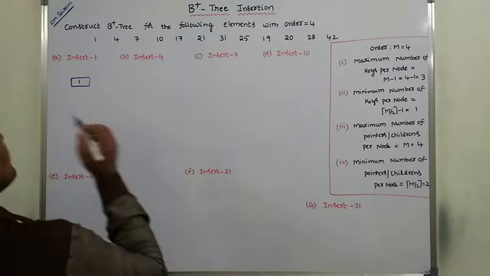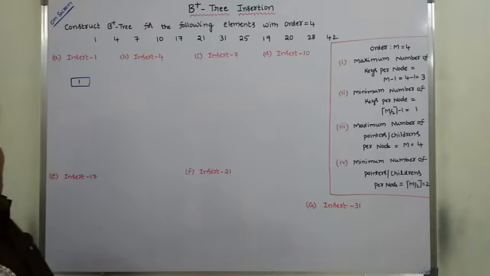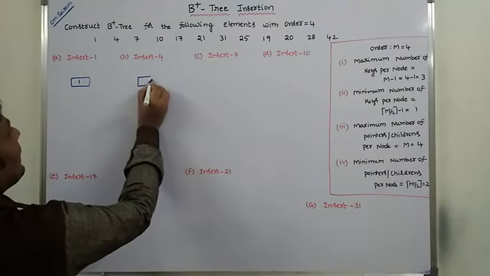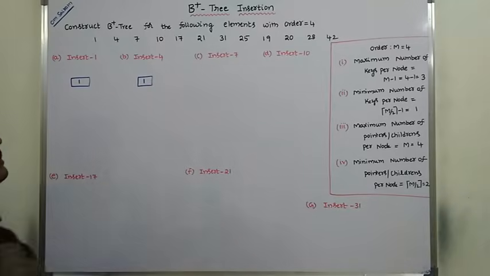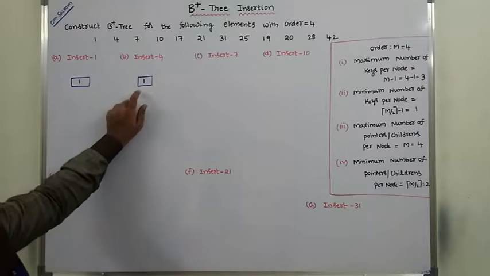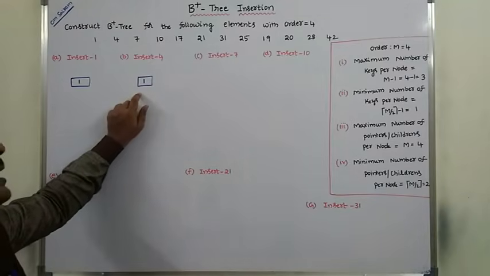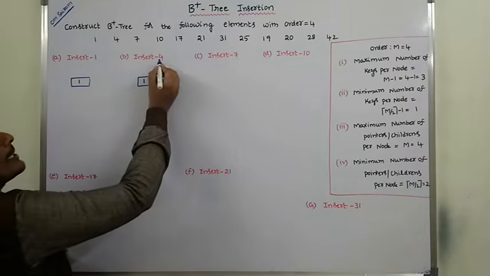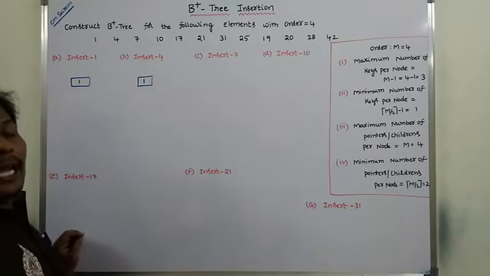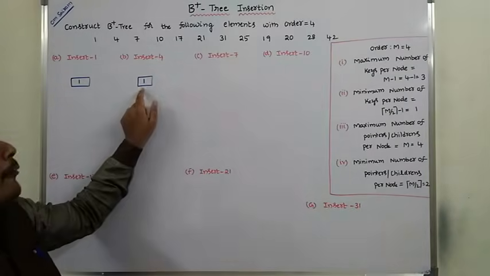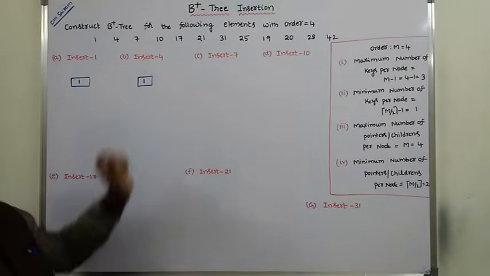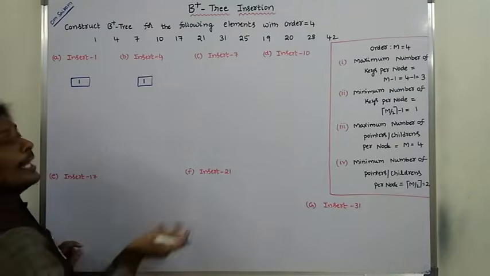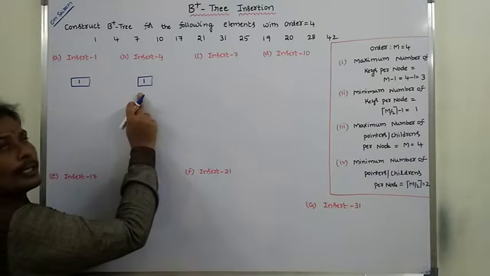Next, insert 4. Before inserting 4, the B plus tree contains a node that contains the key element 1. Next we are inserting 4. So 4 is compared with the key element 1 at the node, and 4 is greater than 1. Now, can 4 be inserted into the same node or not?